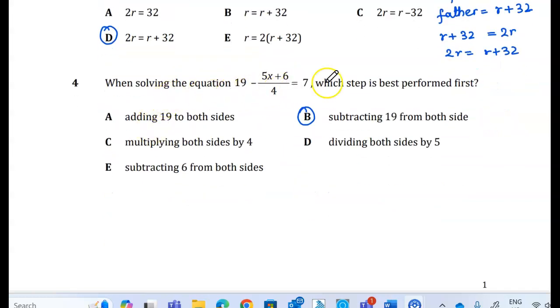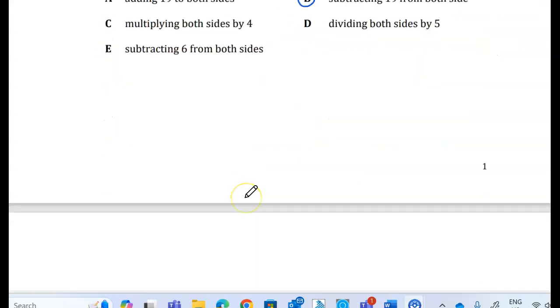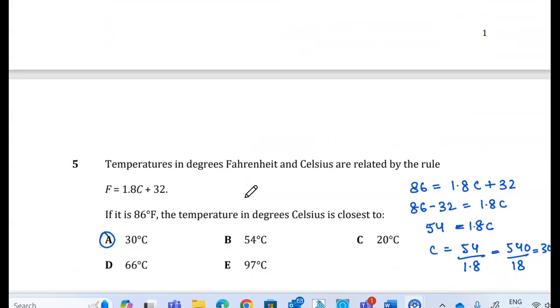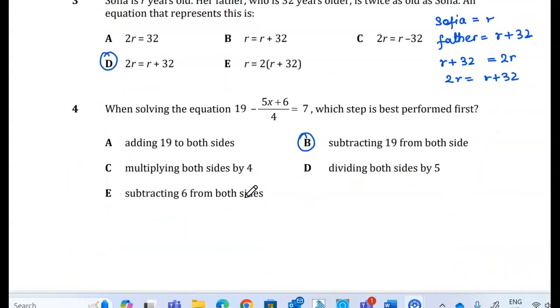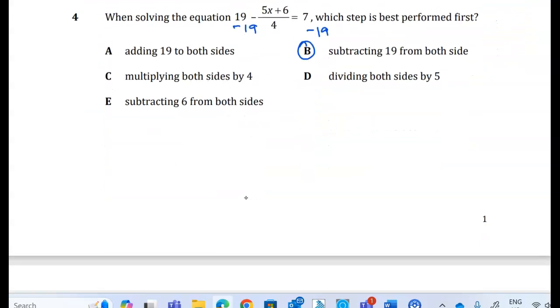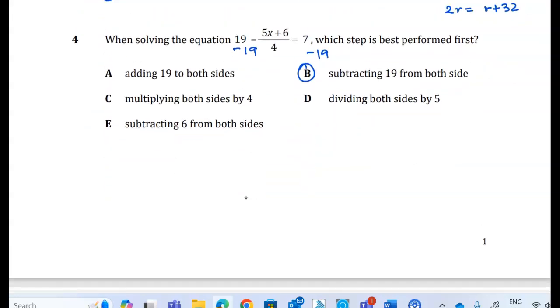When solving the equation, which step is performed first? So I can actually solve this whole equation. The first step is you're trying to subtract 19 from both sides, isn't it? Okay, moving on to the next, or maybe I can solve it for you. So it's minus 5x plus 6 over 4 equals 7 minus 19.